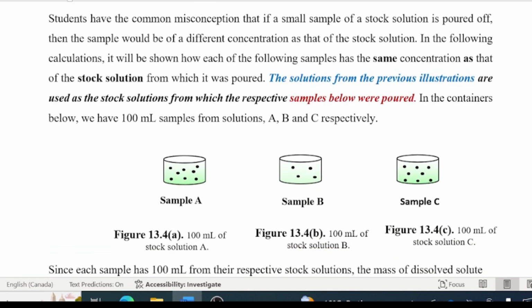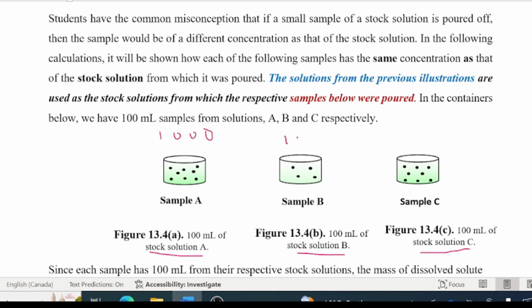So what we'll do is this. We will take a 100 milliliter sample of solution A. We take 100 from sample B and 100 milliliters from sample C. Then we'll try to figure out what the concentration is in each one of these. We started off with 1,000 milliliters here.